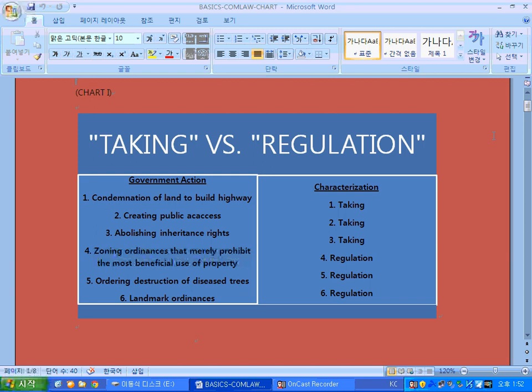Actually, there is no specific power of eminent domain in the federal government. Rather, it is an implied power. Also, the power of eminent domain may be exercised pursuant to the necessary and proper clause whenever Congress is acting in accordance with one of its other specific powers.